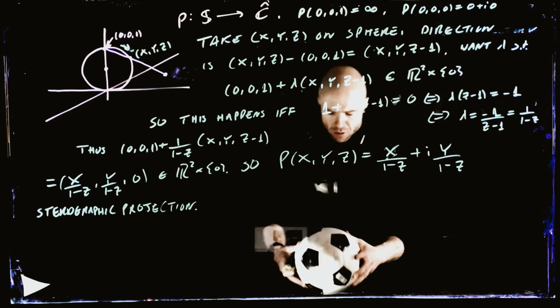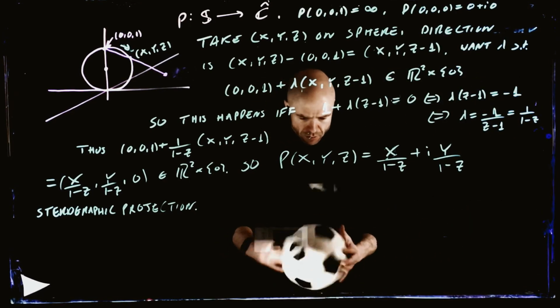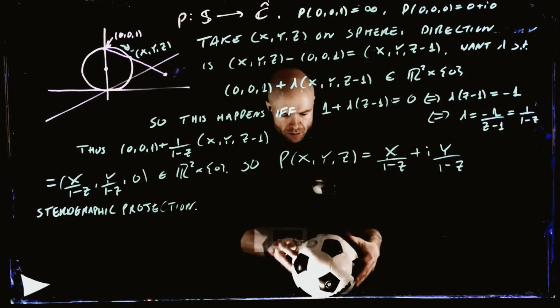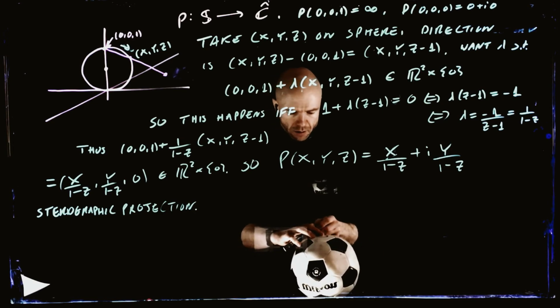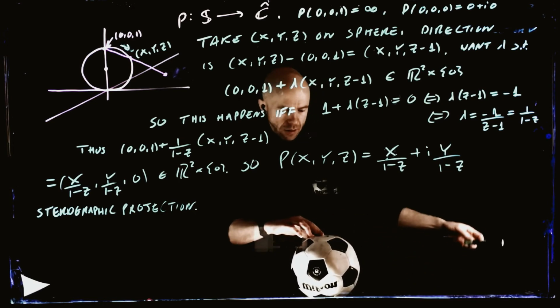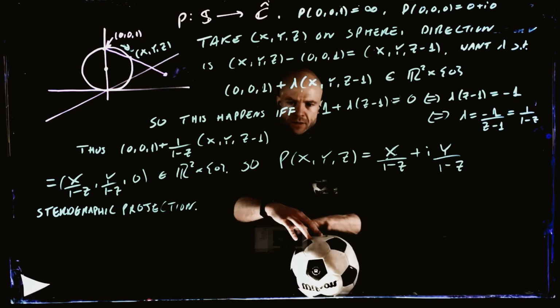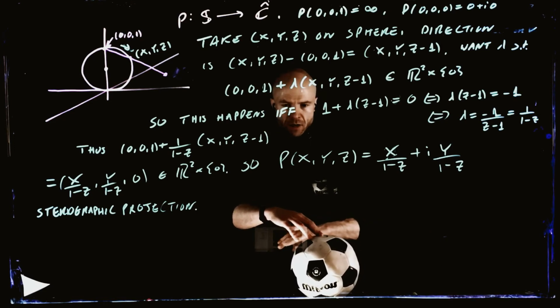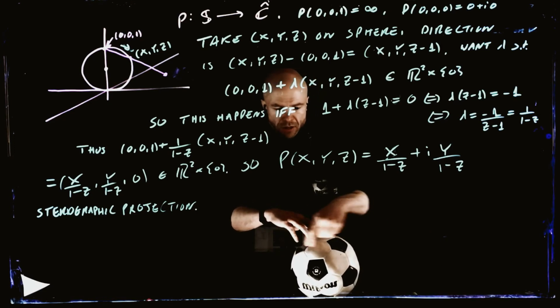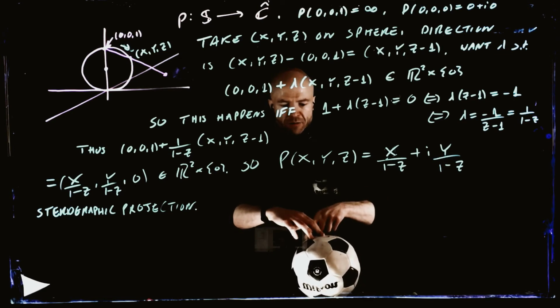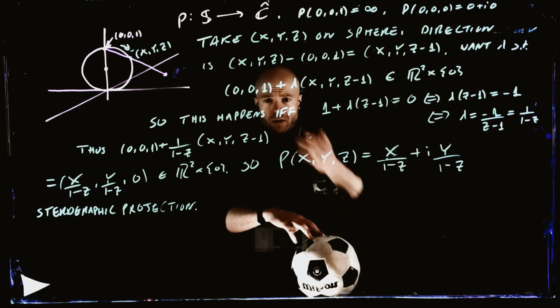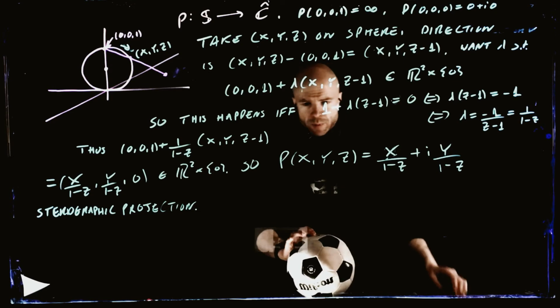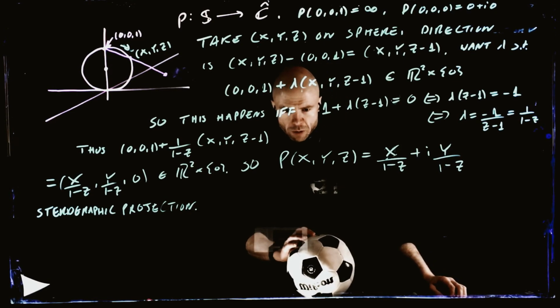This is our soccer ball. Let's make this thing here the top. Let's cut through the soccer ball with a horizontal plane. That's going to give us a circle, so we'll have a circle around the outside here. Now, if we consider the image of that circle under stereographic projection, what do you see happening? What would the image look like?